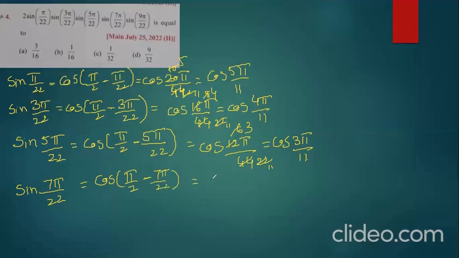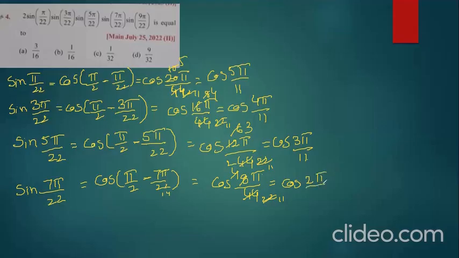What do I get? Over 44, 22 pi minus 14 pi. 22 minus 14 is 8 pi. So 8 pi by 44, 2 four times, 2 twenty-two times, 2 eleven times, 2 two times. That is cos 2 pi by 11.